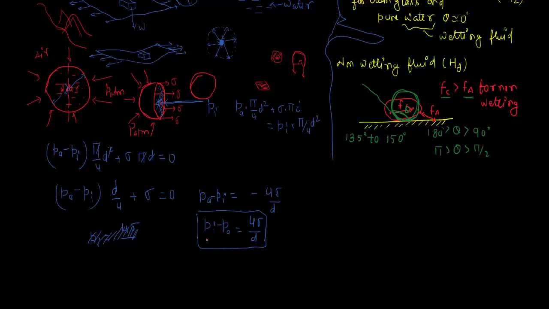The internal pressure is greater than the external pressure or atmospheric pressure. So for a droplet to maintain the equilibrium state, the internal pressure should always be greater than the external pressure or atmospheric pressure, and this is due to surface tension, because in combination with the atmospheric pressure, the surface tension will also try to compress this droplet.